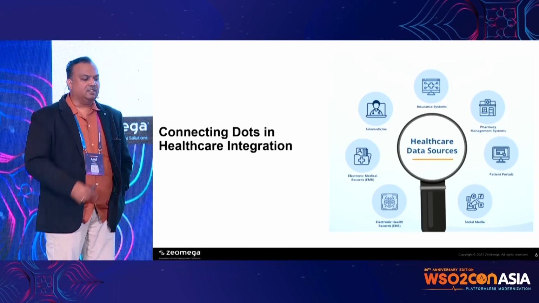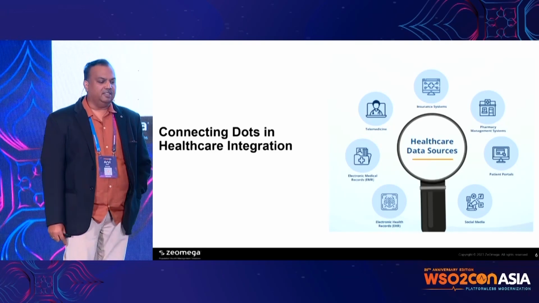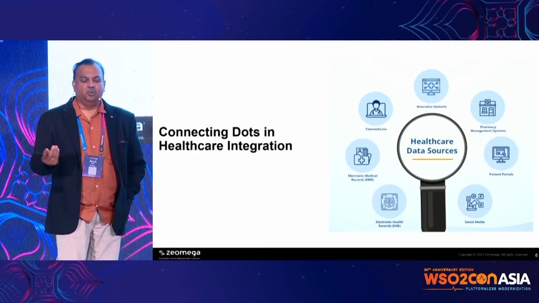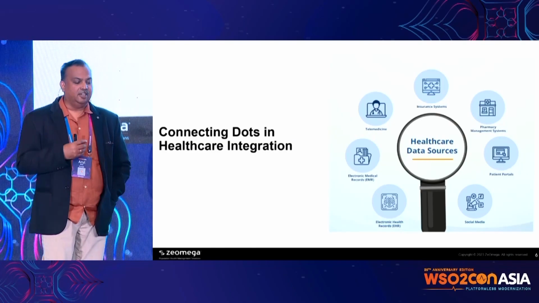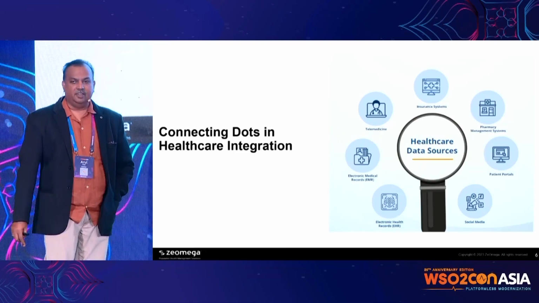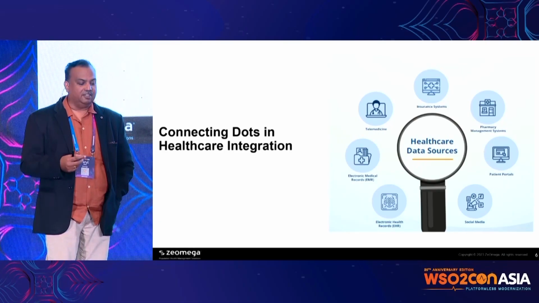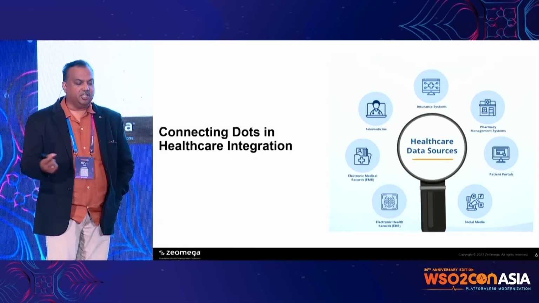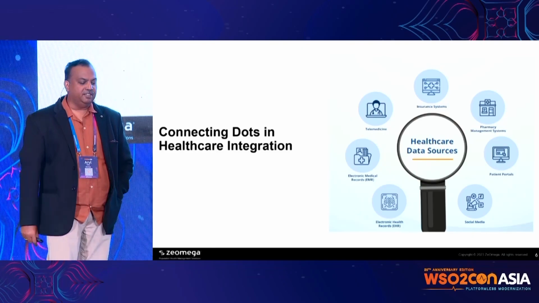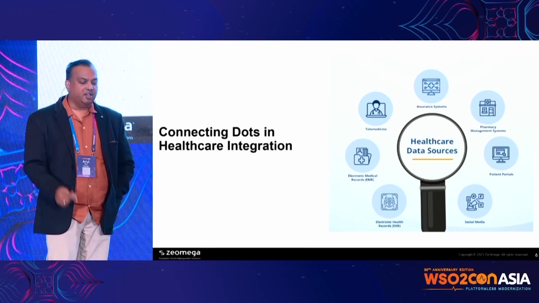So this is what connecting the dots means in healthcare integration. We all know the dots are the different systems in healthcare. You have hospitals, clinics, telemedicine, the providers, and how they use the systems.